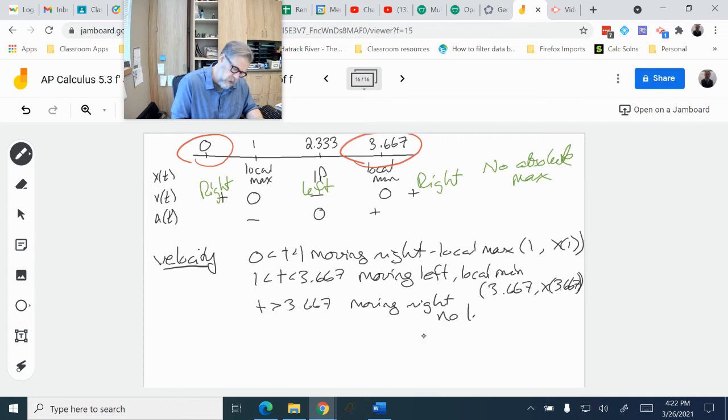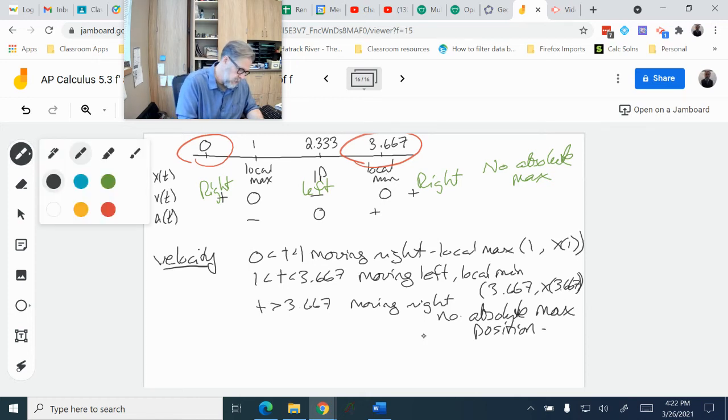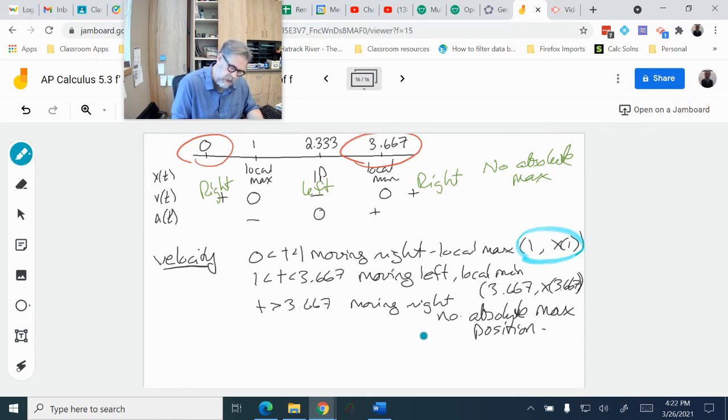So there is no absolute maximum position. Again, I leave it to you to calculate that local minimum.